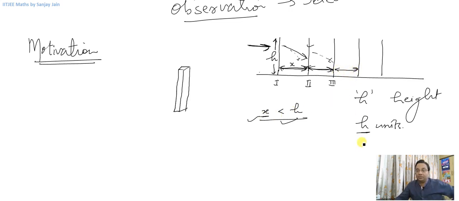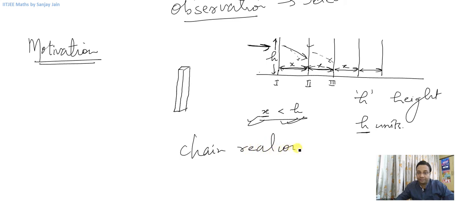And these gaps are also the same, x units each, and x is lesser than h. Now you push the first, it will fall on the second, then the second will automatically fall on the third, third will fall on the fourth, fourth will fall on the fifth, and it will continue like that till infinity, as many tiles as you have. So all of these tiles will start falling automatically. So there is this chain reaction that you have built.